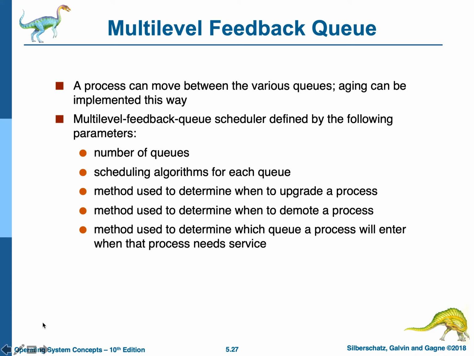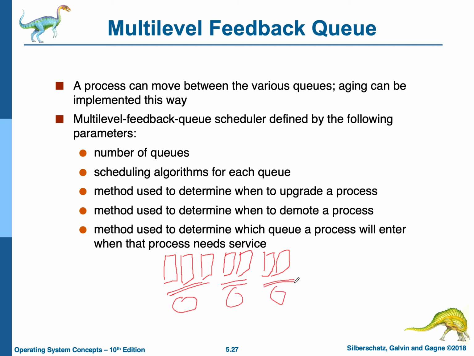For example, if I tell you that there are multiple queues, okay, here one CPU which belongs to these three, another CPU belongs to these two, another CPU belongs to these two.